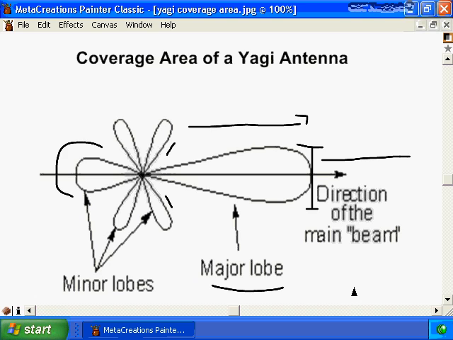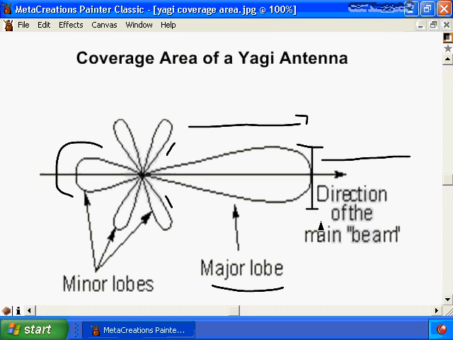Because of the directivity, if you have a long hallway that you need to transmit a radio frequency energy down, a Yagi antenna is excellent for that, where we place the Yagi antenna at one end of the hallway to allow the radio frequency to be transmitted in that corridor or the length of the hallway. They're also good if you want to place it in the corner of an office building and have that radio frequency emitted out from the corner.